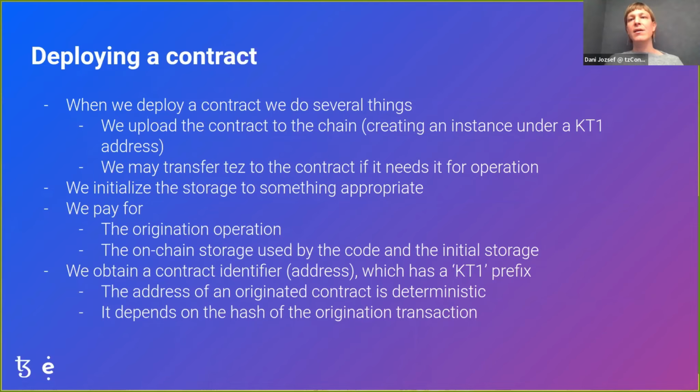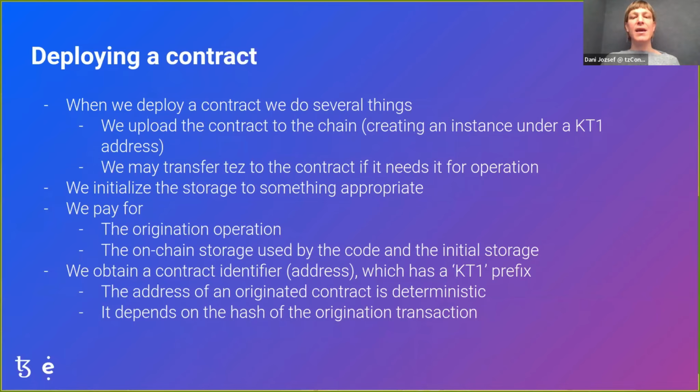Like here in the former example, you might want to set an administrator account who can, for example, with a token, mint new tokens. When we deploy a contract, it of course costs Tez. So we have to pay for the origination operation itself and for the on-chain storage that is used by the code and the initial storage of the contract.